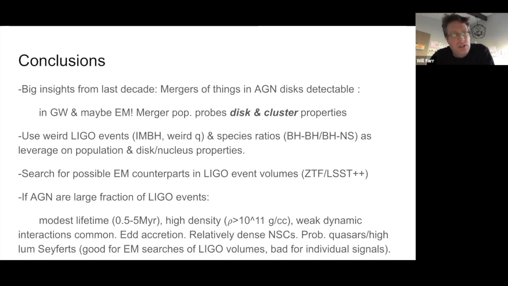But I think the story's so easy to tell that my bet would be on the binary black hole merger scenario. In the end, you collect a bunch of these and you stack them on top of each other and you try to look for minute features that might suggest differences between various scenarios, and you hope that you can distinguish them. But we're not at that stage yet. Thank you.